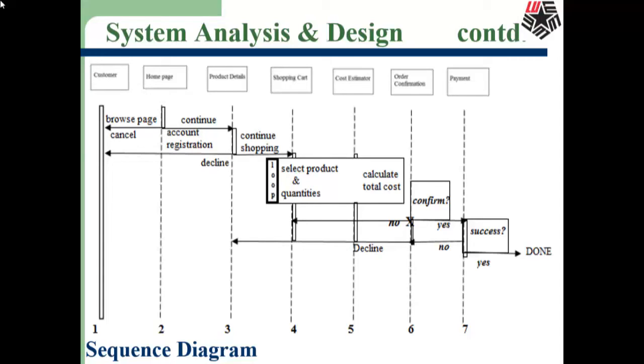The customer navigates the products, adds and deletes products in their shopping cart, and then makes an order, confirms the order, and makes the payment. If all those things are successfully completed, their order has been placed.